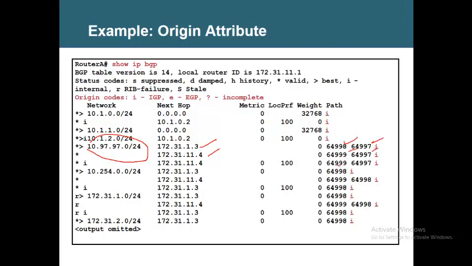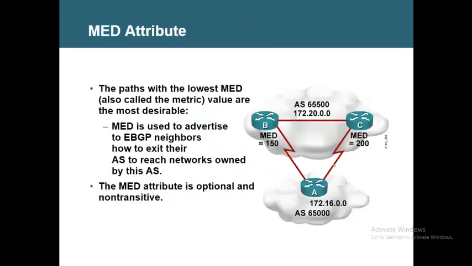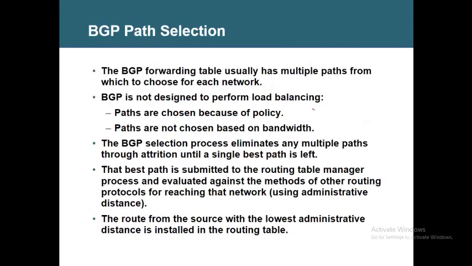Right. Now when we have multiple paths, based on the attributes that we configured, the path is going to be elected. That's what it is saying here. The BGP forwarding table usually has multiple paths, and for each destination a path will be chosen.